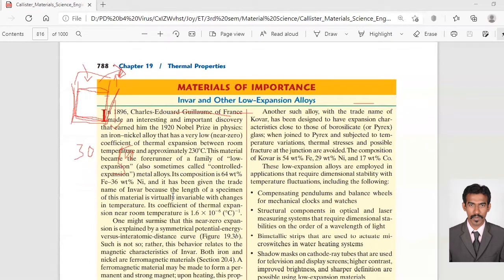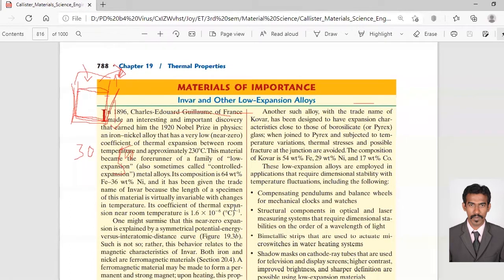So that's why the name Invar is given. First five letters INVAR. So that's why this alloy is called Invar. An alloy of 64% weight Fe and 36% weight Ni is called Invar because the variation with temperature is low, sometimes invariable.